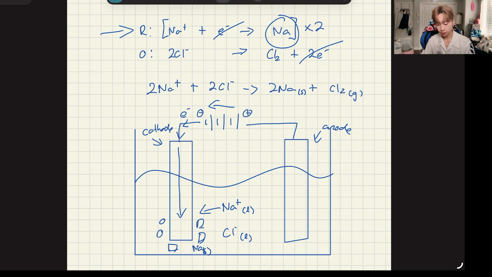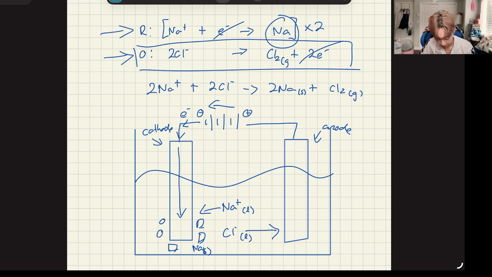On our other side we have our anode, and here our oxidation reaction is going to occur. So our chlorine ions in the molten salt are going to go towards our anode, and then here they're going to deliver 2 electrons into the anode and then turn into chlorine gas according to this oxidation reaction.